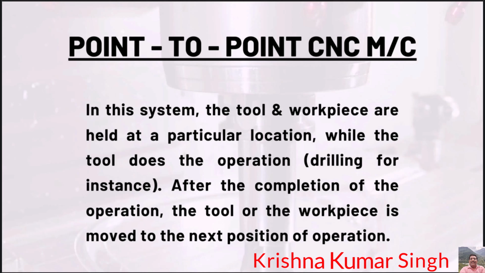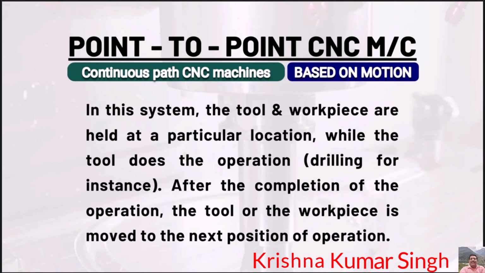Now, let's discuss about different types of CNC machines. The first being point-to-point CNC machine. These types of CNC machines are based on motion. They are also known as continuous path CNC machines.